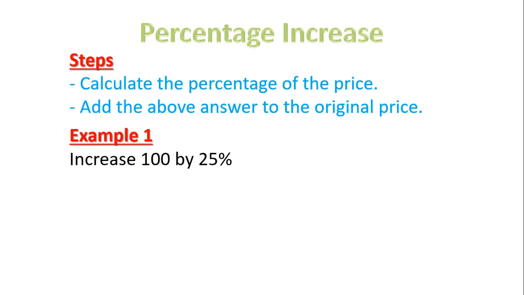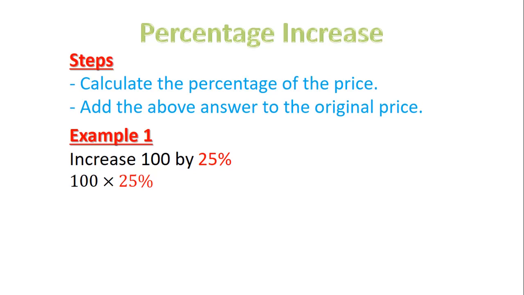Example 1. Increase 100 by 25%. So our first step is we calculate the percentage of the price. To do this, we say 100 times 25%. Now, if you have a nice scientific calculator, you can put that in your calculator as is and press equals, you'll get your answer.